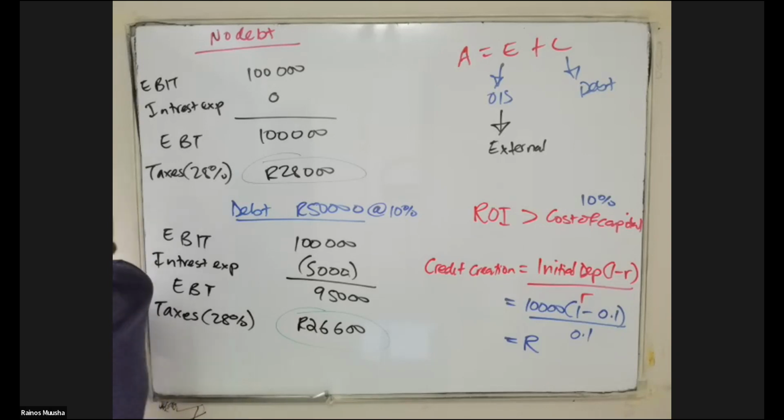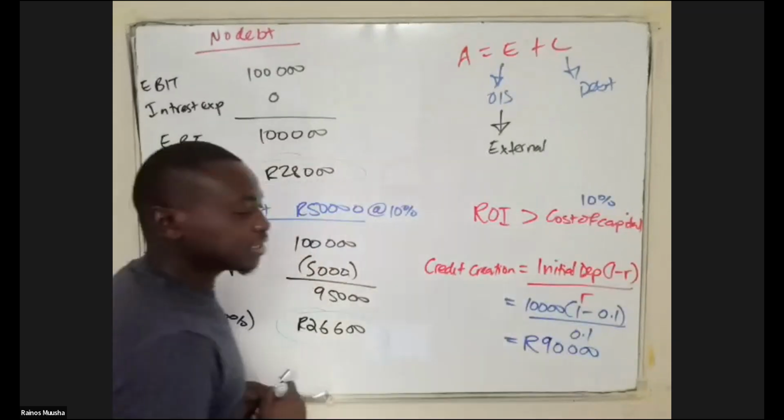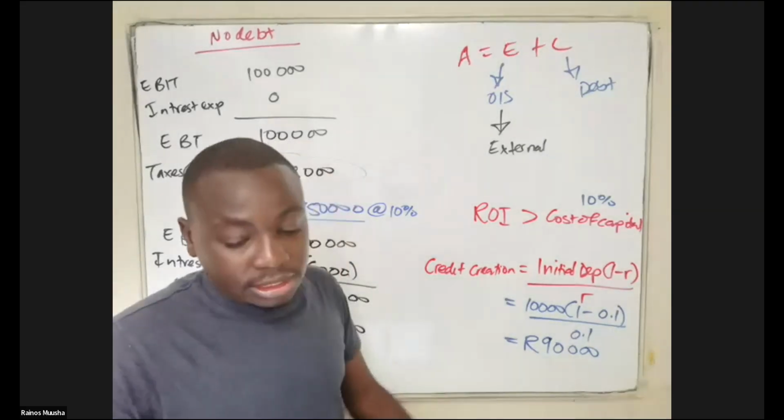It's 90,000, Reynolds. So do you see that from the initial 10,000 deposit that the first customer deposited, we have been able to create credit worth 90,000.